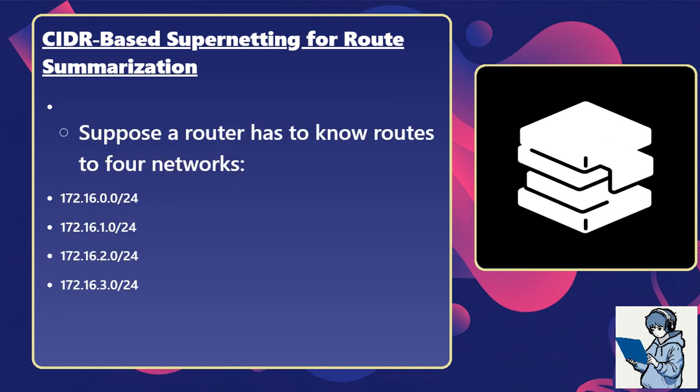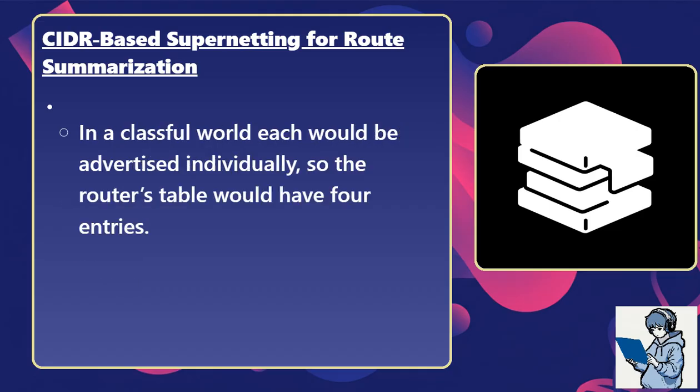Suppose a router has to know routes to 4 networks: 172.16.0.0/24, 172.16.1.0/24, 172.16.2.0/24, 172.16.3.0/24. In a classful world, each would be advertised individually, so the router's table would have 4 entries.